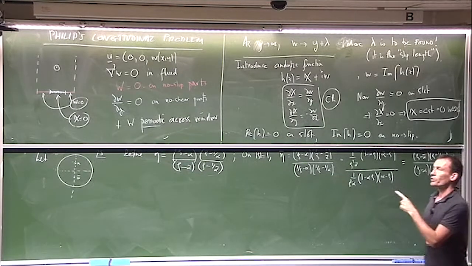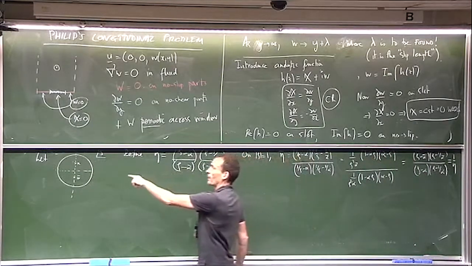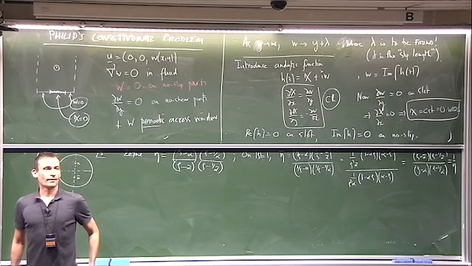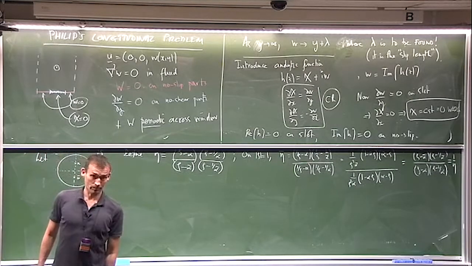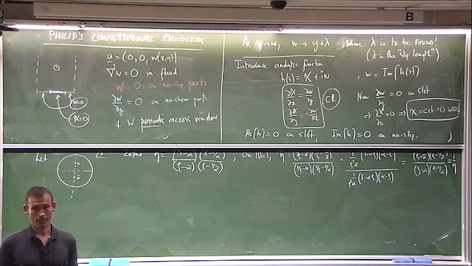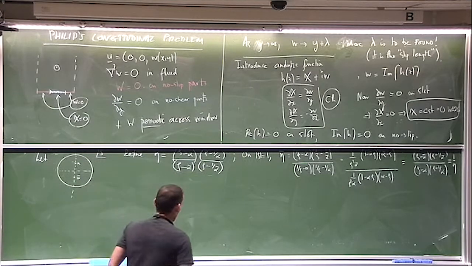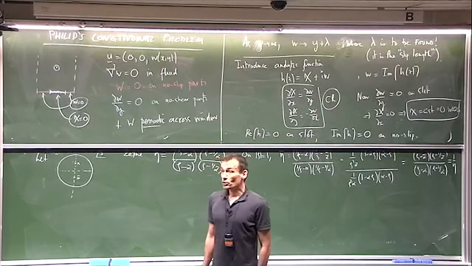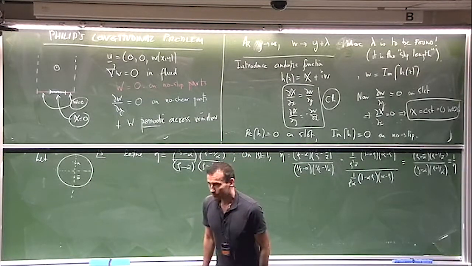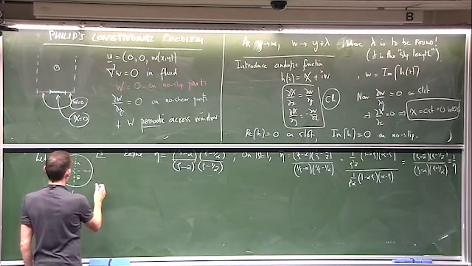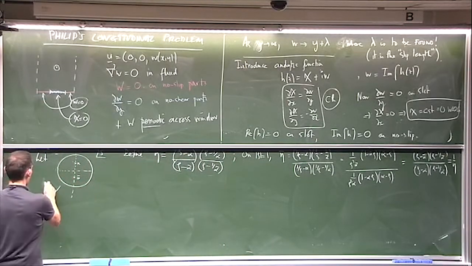So what does the unit circle map to in the eta plane? It maps back to itself. But I'll tell you something, it doesn't map to the whole of itself. Eta maps to, well, let me do it down here. Eta maps to this.